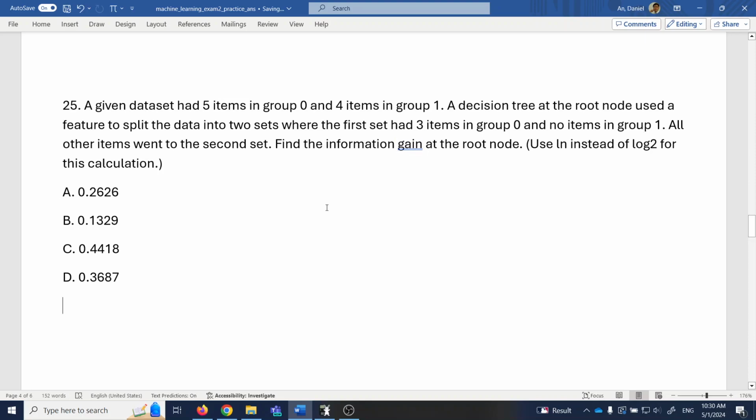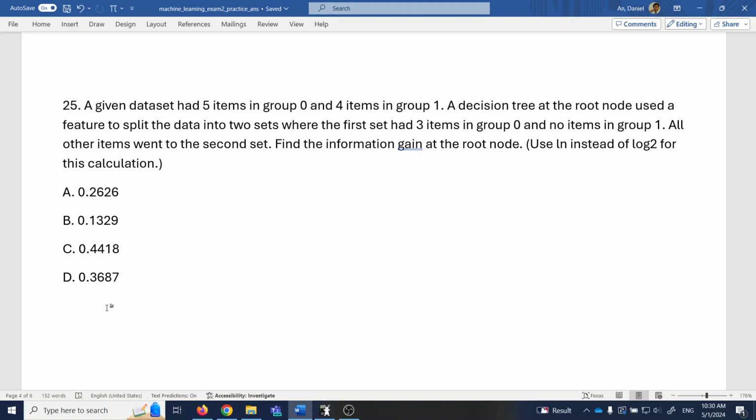And now the question is, what is the information gain? Information gain is the difference of the information, and in class I explained that the information content of a probability distribution is computed by using the entropy, right?